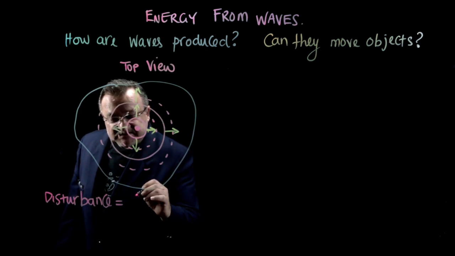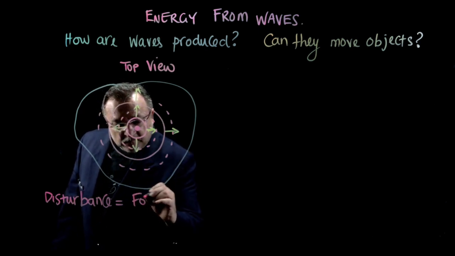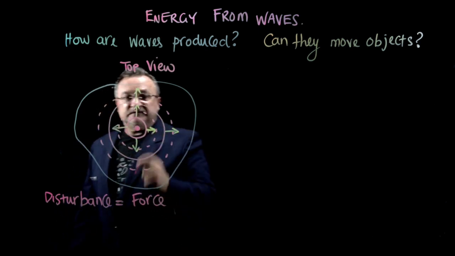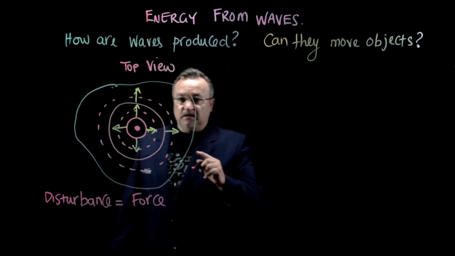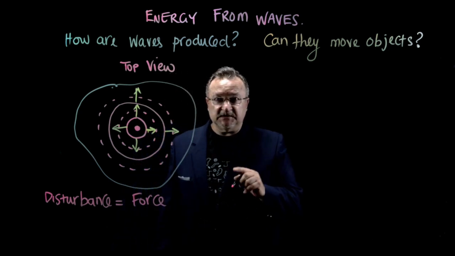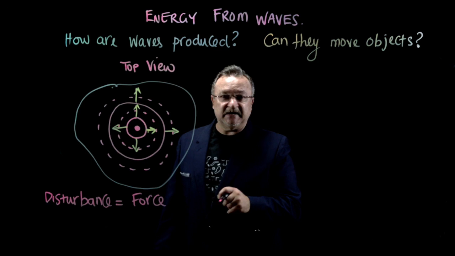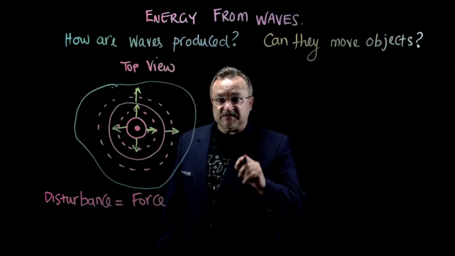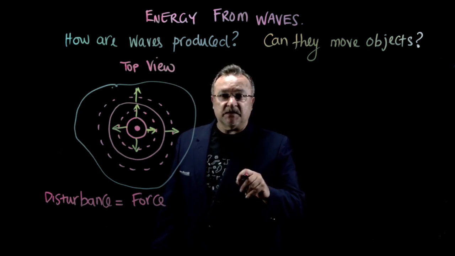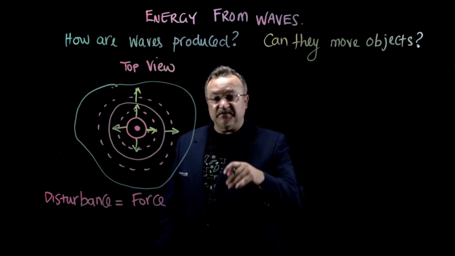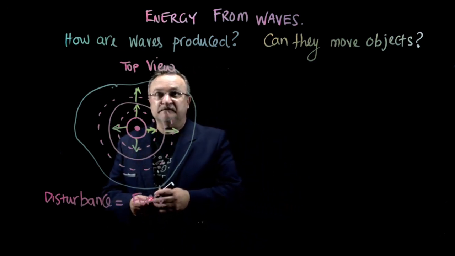So the disturbance in this case is a force, and it's the force of impact of the stone with the water. So the stone and its force of impact disturbs the water molecules and they begin to move up and down, generating the wave.